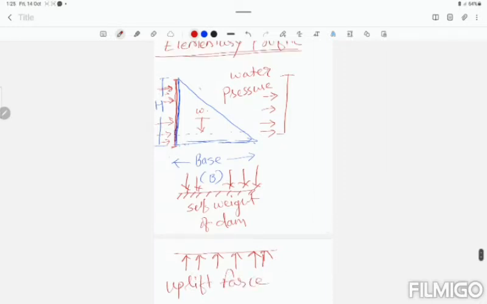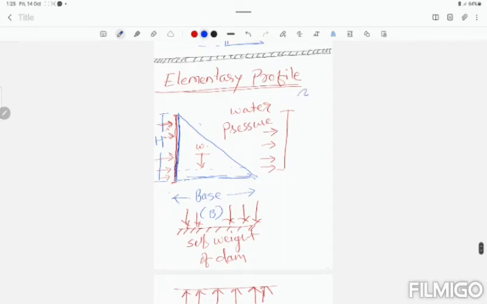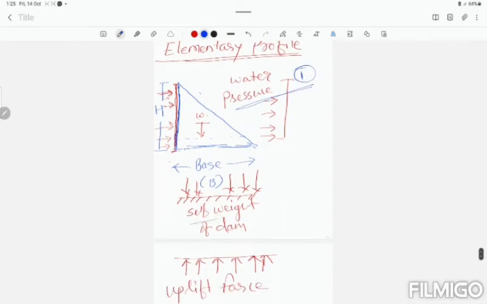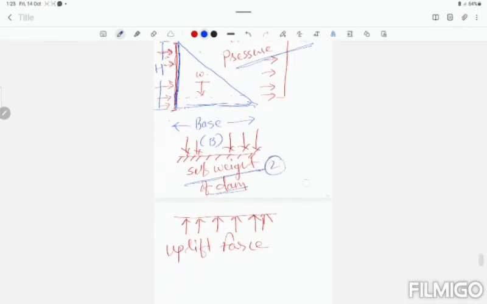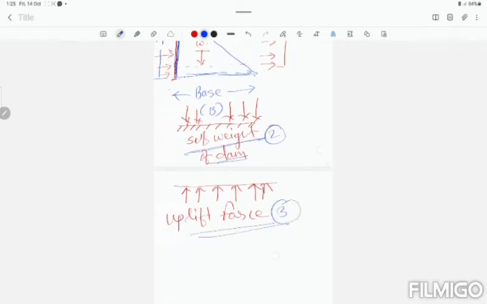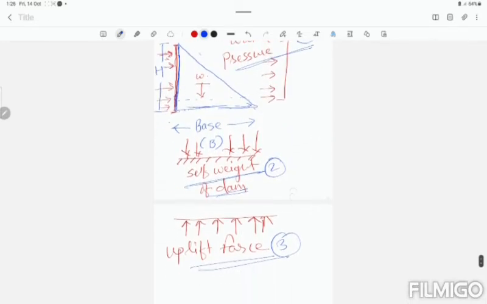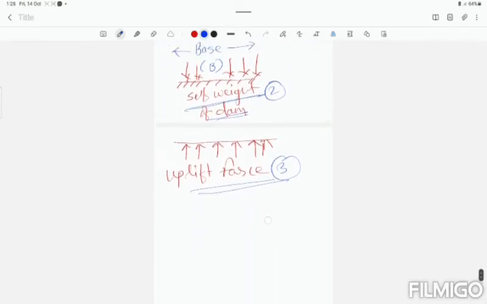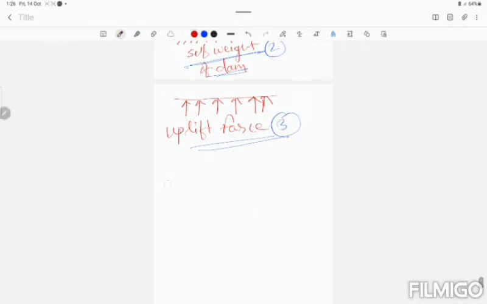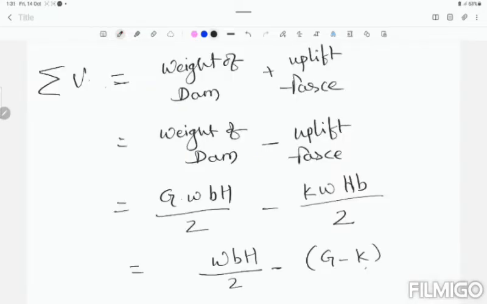So if we number those forces, the first force is water pressure, the second force is self weight of the dam, and the third is the uplift force which acts on the body of the dam. The coefficient of permeability of soil has been taken.